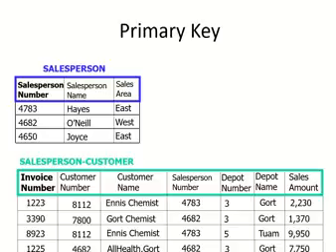Looking at the records in either of our tables here, the first field in each is in fact a primary key, and there we can see that, for example, in the table salesperson, the salesperson number, that ID, uniquely identifies a record, and if we have more than one person with the same surname, we can differentiate them by virtue of the salesperson number.